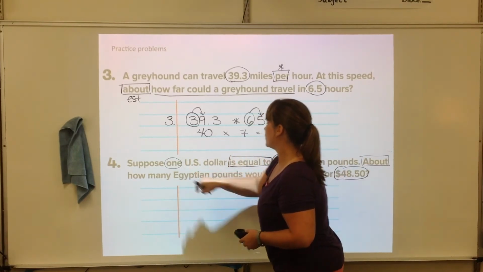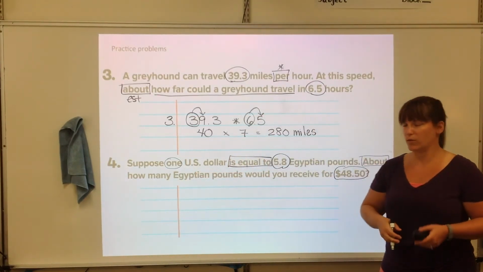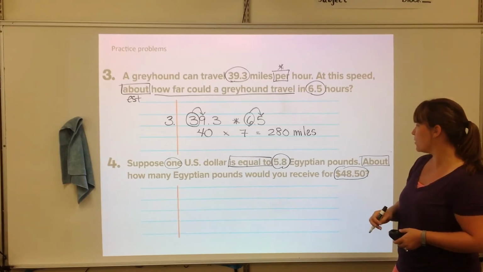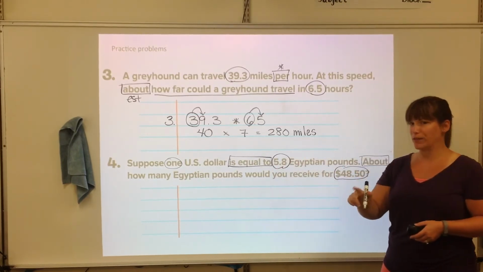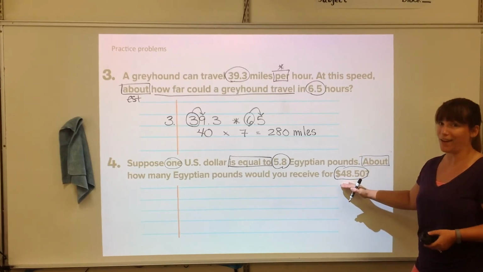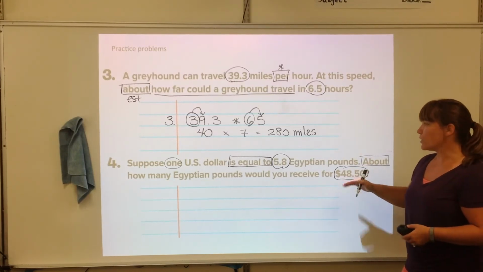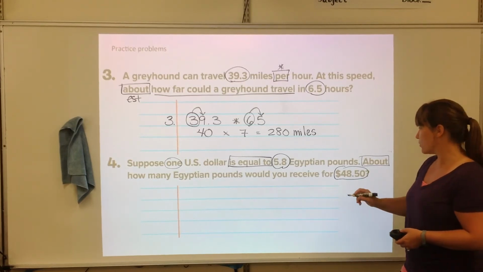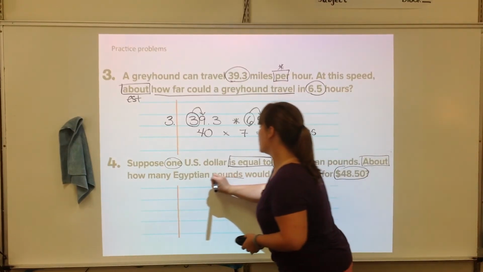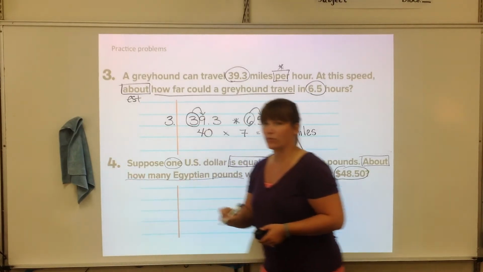That's the math action word that we have to think about when we're trying to figure this out. So 1 is equal to 5, but we don't have $1, we have 48 of them. So we do need to multiply to figure out the answer to this question of how many Egyptian pounds. That's what we're trying to find.